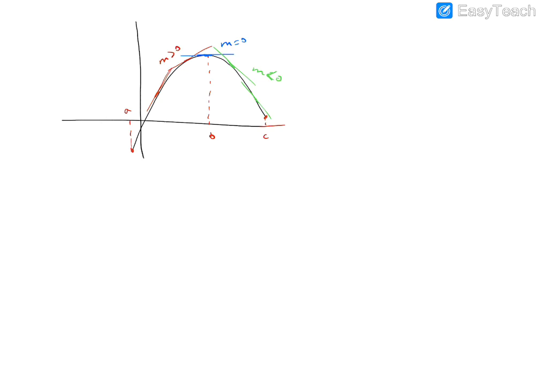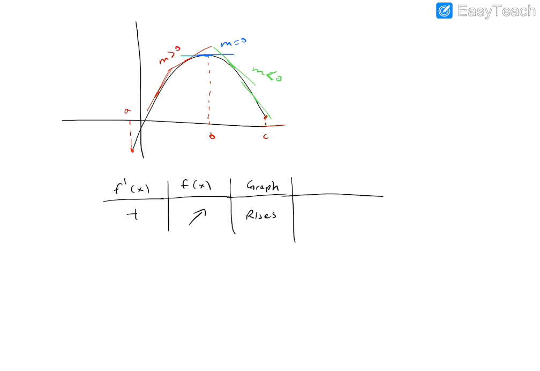So if f prime is positive, this means f of x is increasing. The graph rises, the graph goes up, and it can be increasing in the following ways, like this one, or like this one, or this one, a straight line.